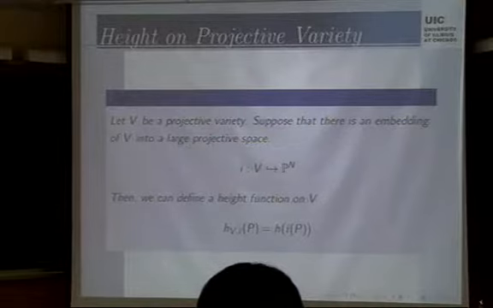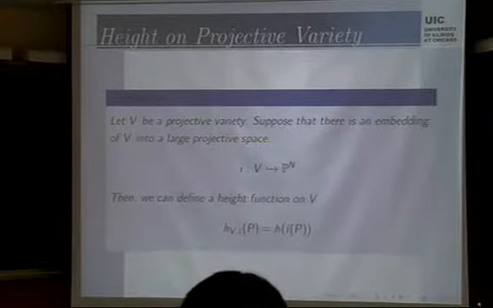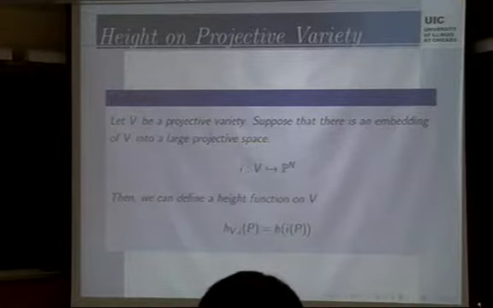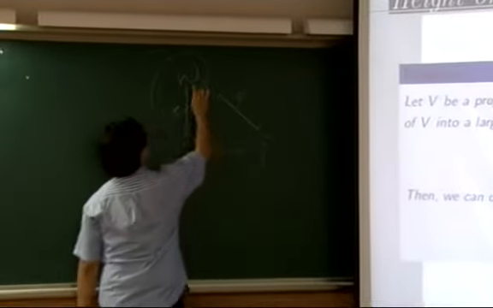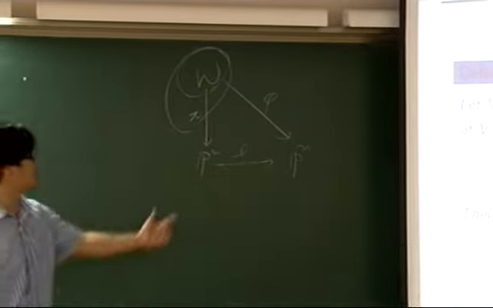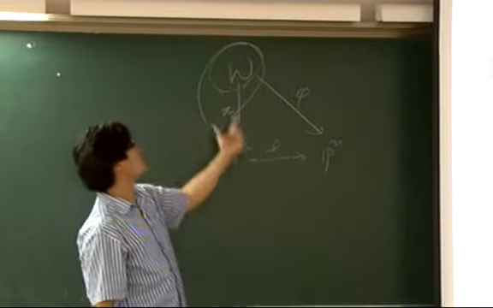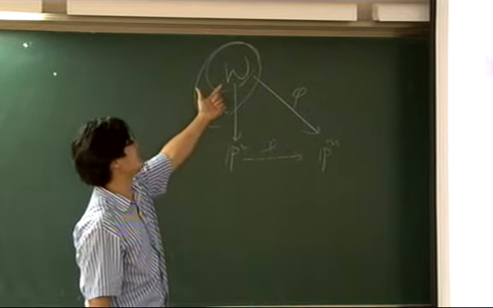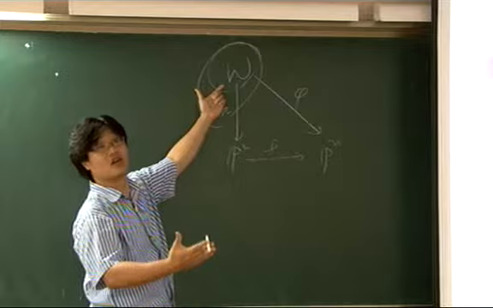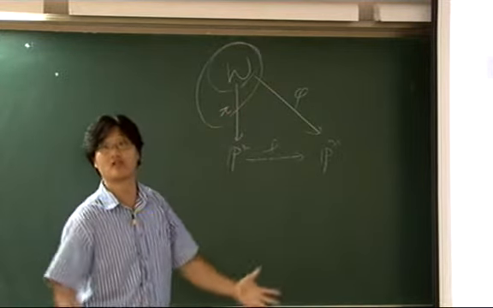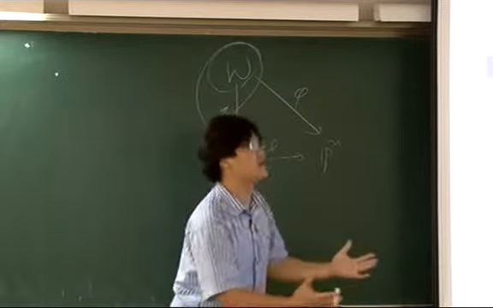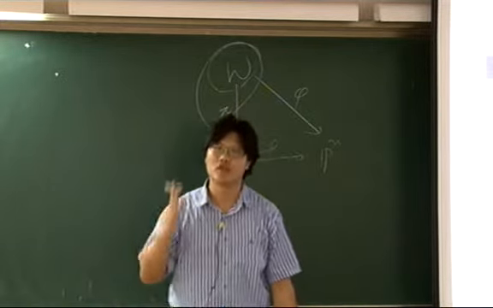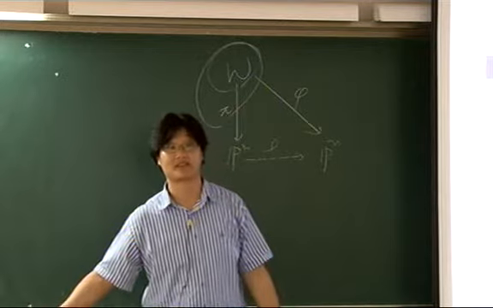But it's not enough because we only defined your height function on projective space, and we require a height function on some projective variety, because even if we start with projective space like this, we should have some resolution of indeterminacy of your rational map. So we observe everything happens in your projective variety. So we should extend this notion to projective varieties. The idea is simple, because a projective variety is a closed subset of projective space.